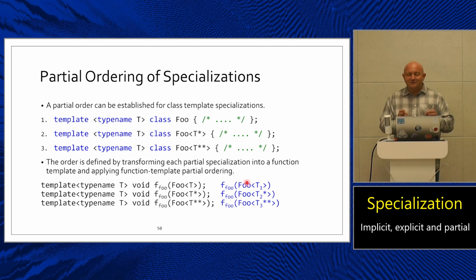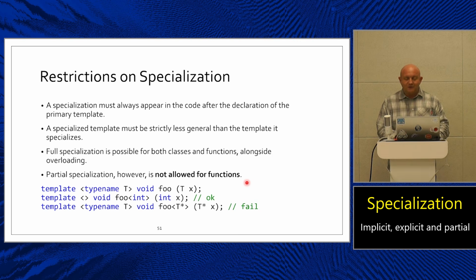Once we have this function template, we apply our favorite cross-type deduction, the same partial ordering rules we use for function templates, to determine which one is more specialized. And that's how it all comes together. We reuse a well-defined mechanism to solve a new problem.